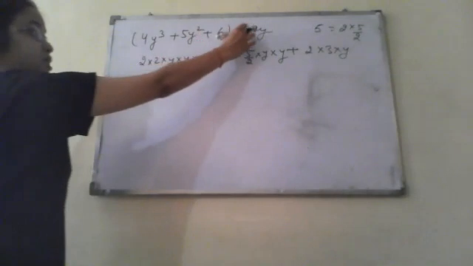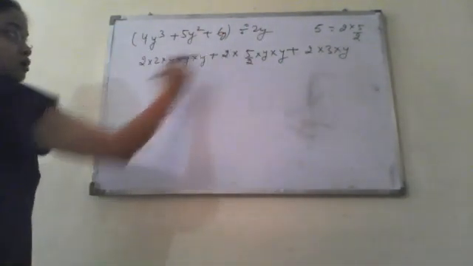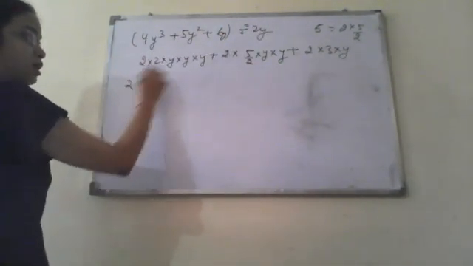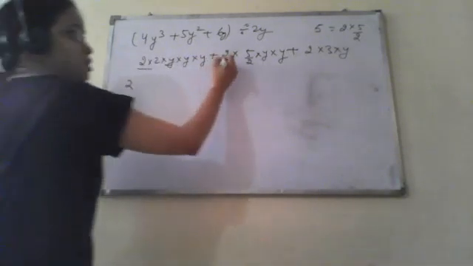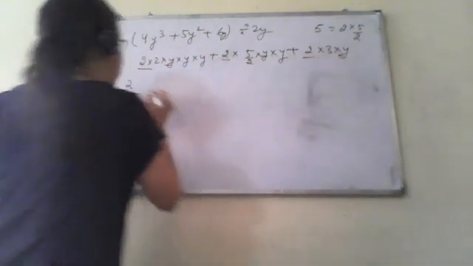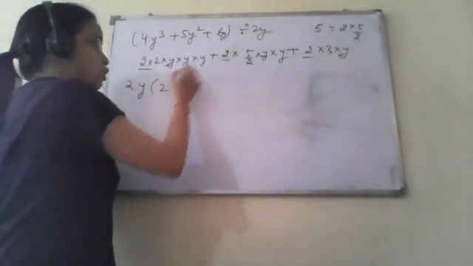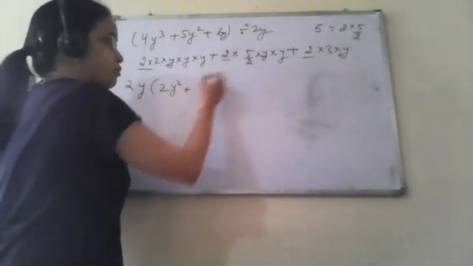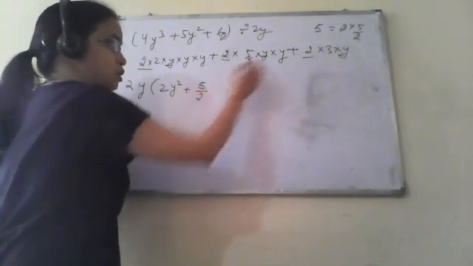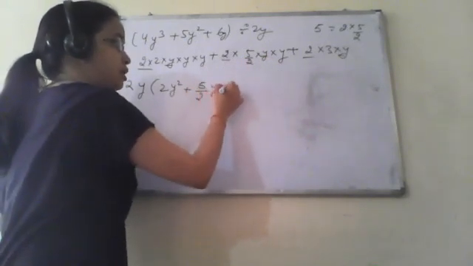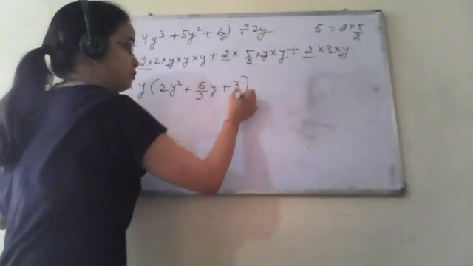So we have to divide this expression by 2y, so we can take 2y common. If we take 2y from each term, what are we left with? We are left with 2, y into y will be y square, here we have 5 upon 2 into y, and there we are left with 3.